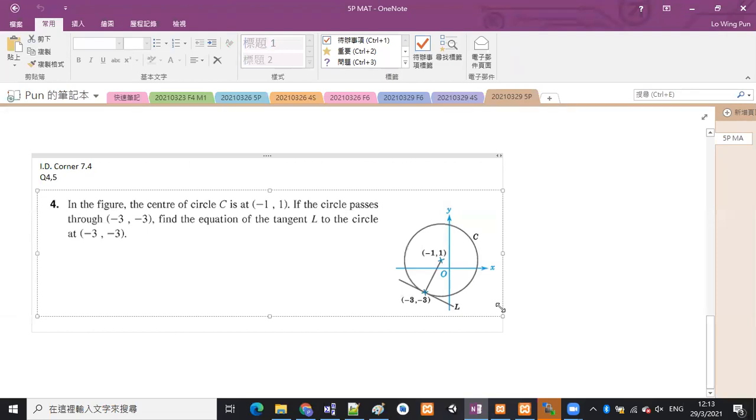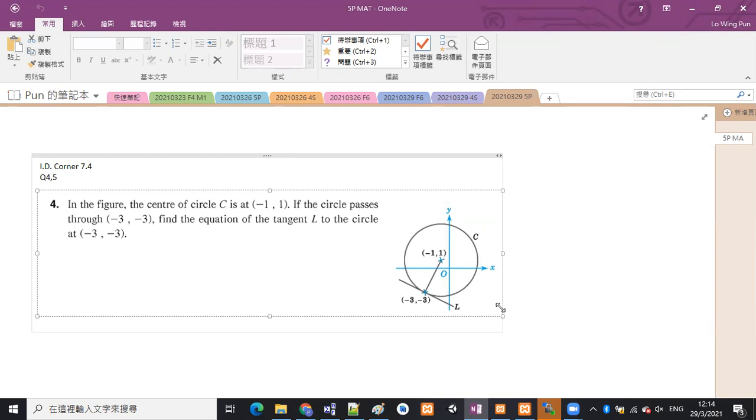Because we do not have much time left, let us do this together. In the figure, the center of the circle C is at (-1, 1). If the circle passes through (-3, -3), find the equation of the tangent L to the circle at (-3, -3).